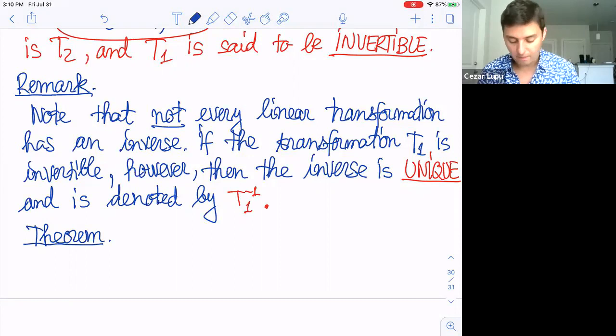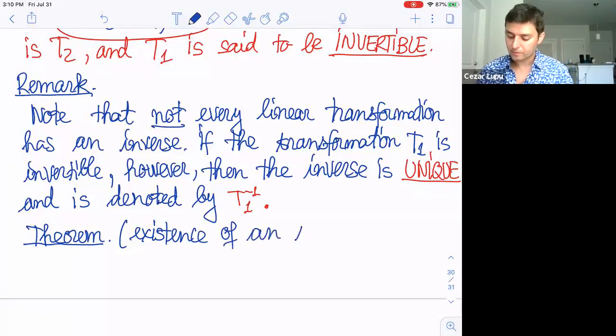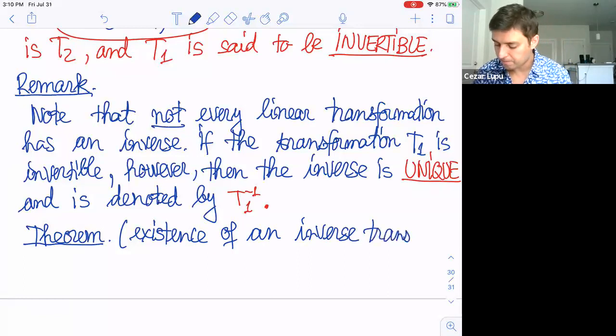This following theorem will address exactly this issue. So, existence of an inverse transformation.